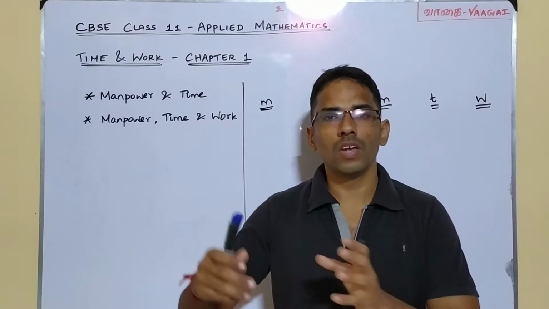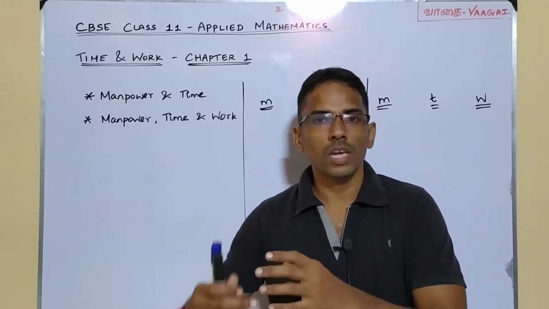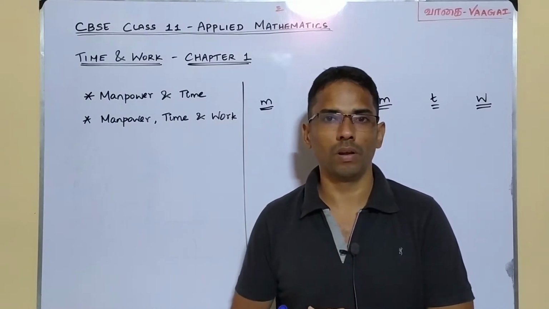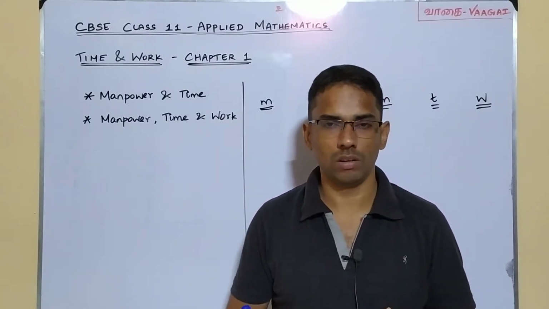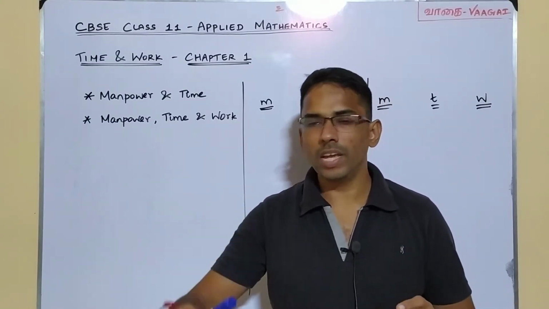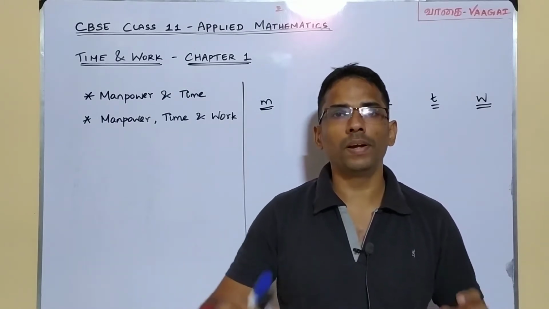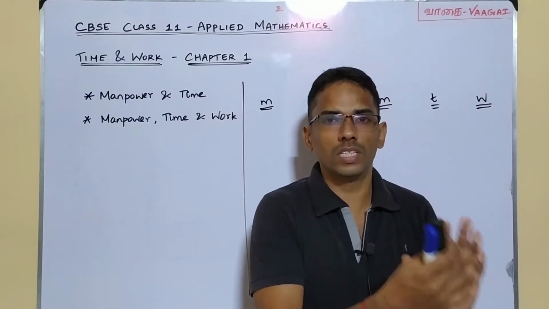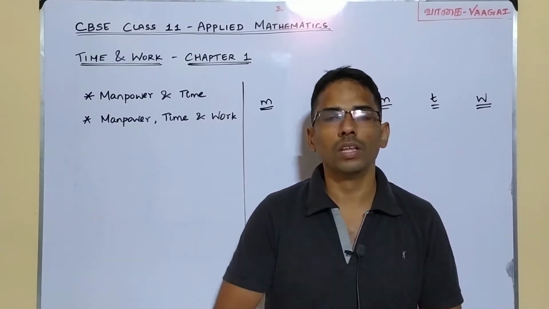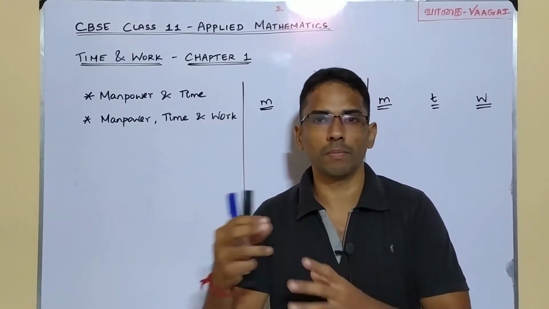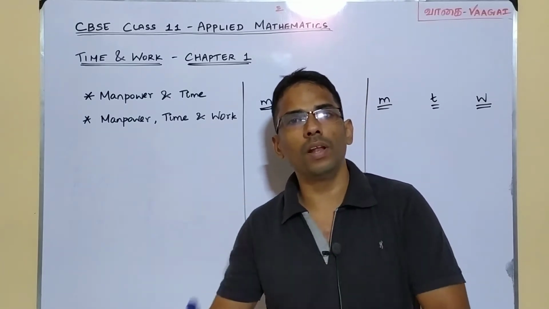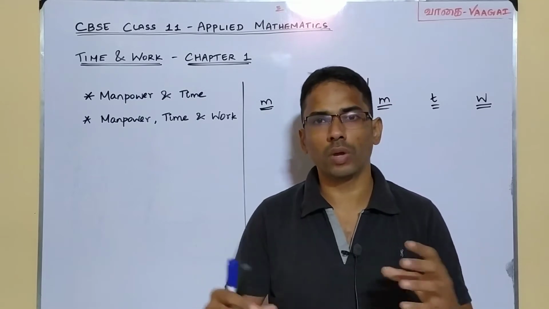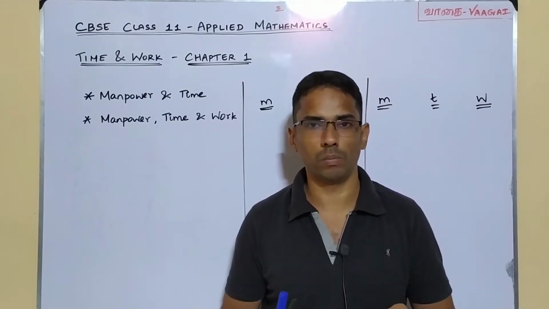What happens if the team has more people or fewer people? Or otherwise, if the team should complete the work within a particular deadline, how much time will it take, or how many people do they require in order to complete the work? These kinds of problems you can see under time and work.